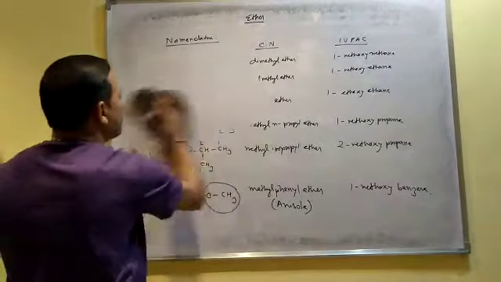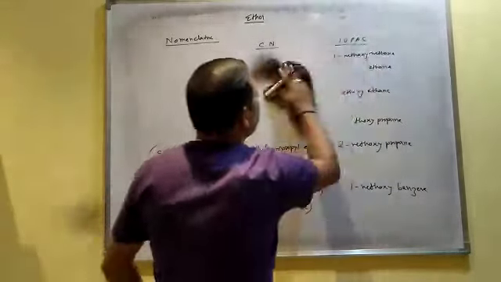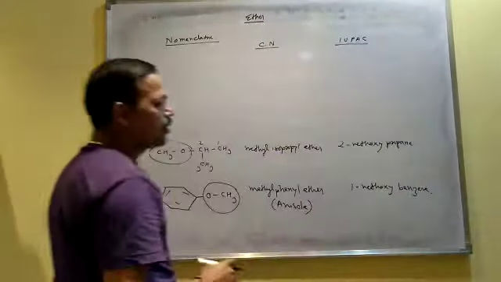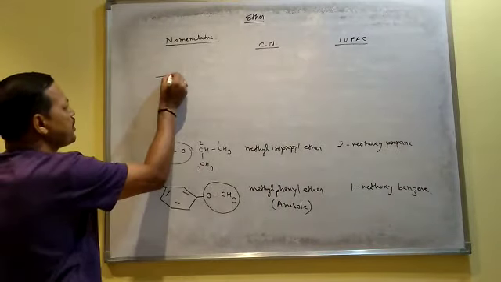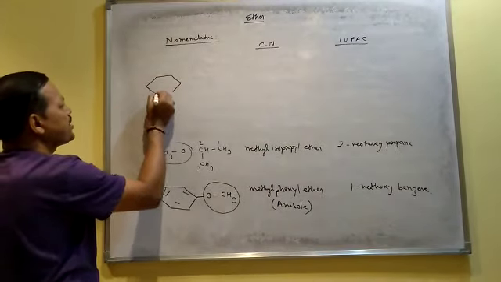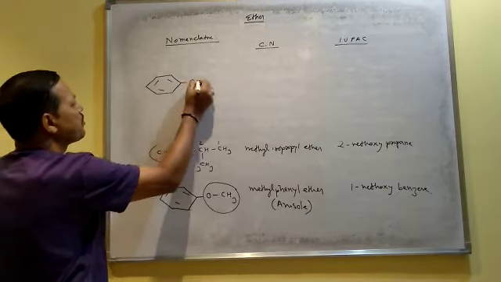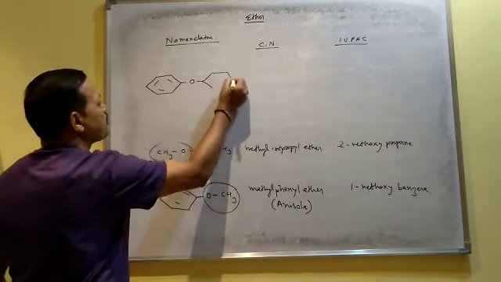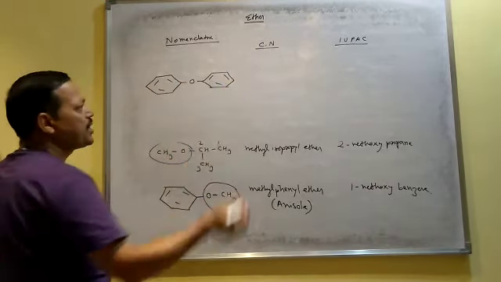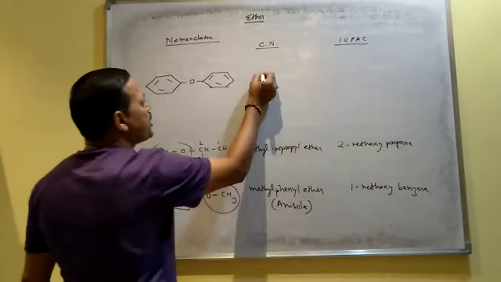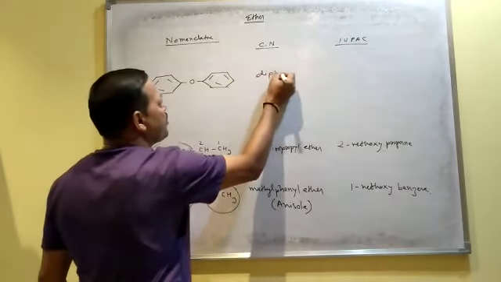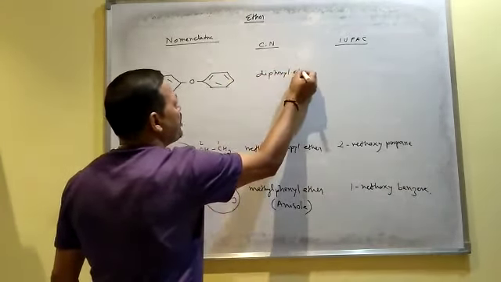Similarly, if the compound is like this, both sides contain a benzene ring, so the common name will be diphenyl ether, because both sides contain a phenyl group.